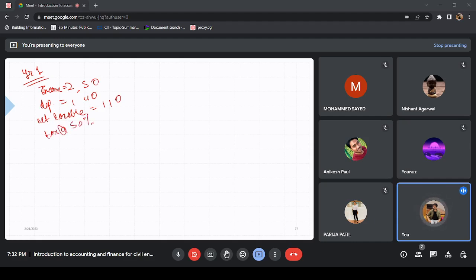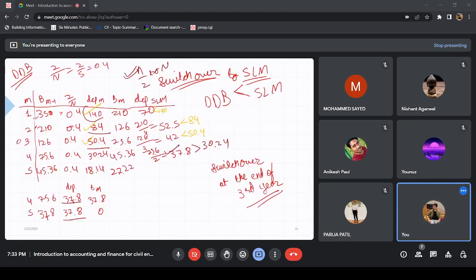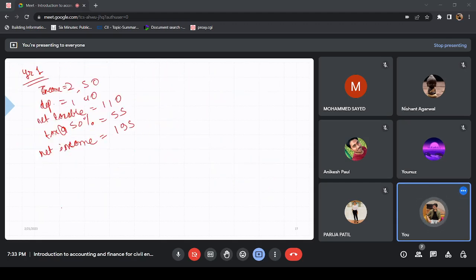Tax at 50% is 55. So net income is 250 minus 55, 195, right? So let's have the cash flow. 350. At the end of year 1, you have got 195.